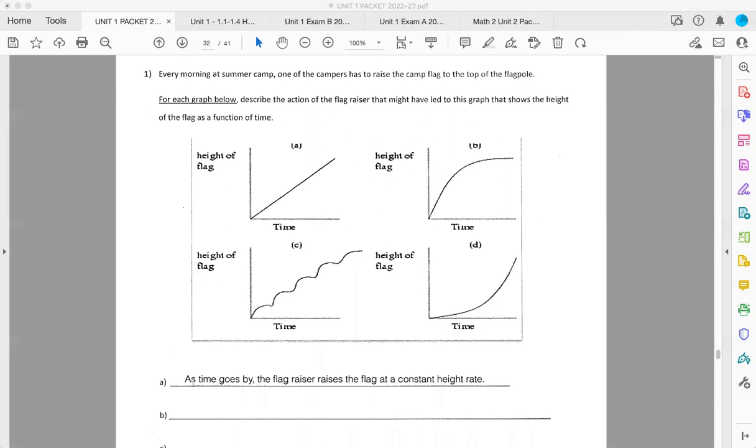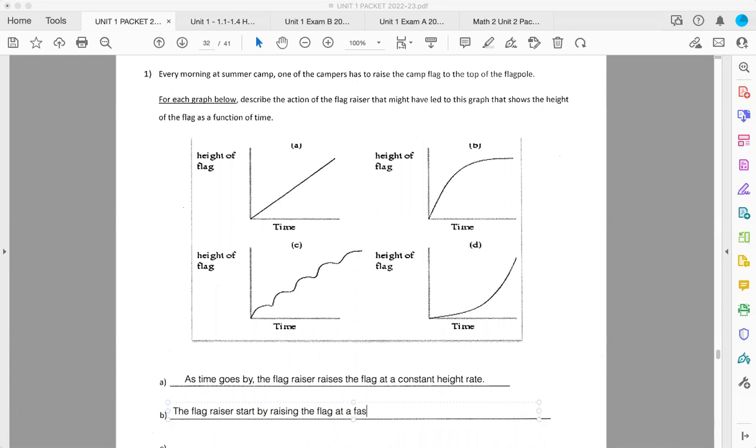And you can, again, write the scenario that you want, but we can say the flag raiser raises or starts by raising the flag, we can say exponentially, right?